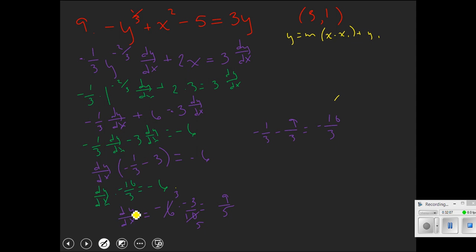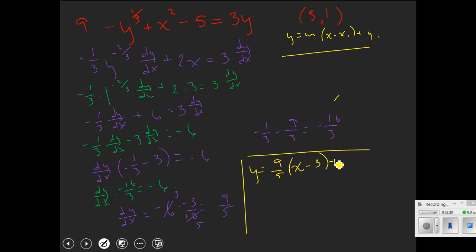But remember, we're trying to write the equation, so we need to go back up to that guy. And we're going to have y equals 9/5 times (x minus 3) plus 1. And that's our answer.